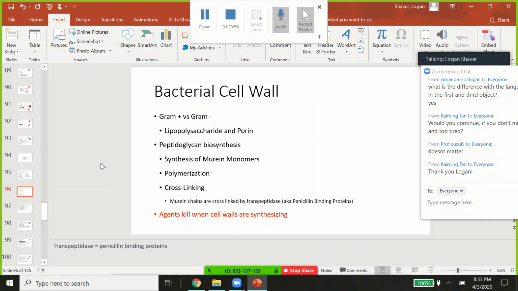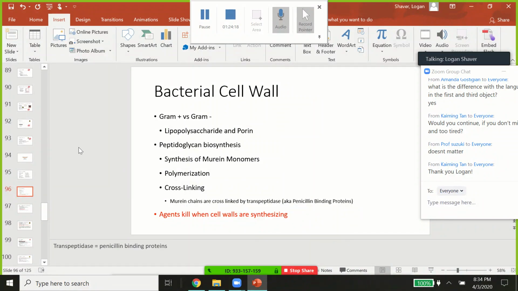Now we're on to different types. We're going to be talking about different mechanisms and stuff like that. This gives you an overall picture of the bacterial cell wall and what kind of mechanisms are going on with it. Then there are agents that kill when the cell walls are synthesizing.